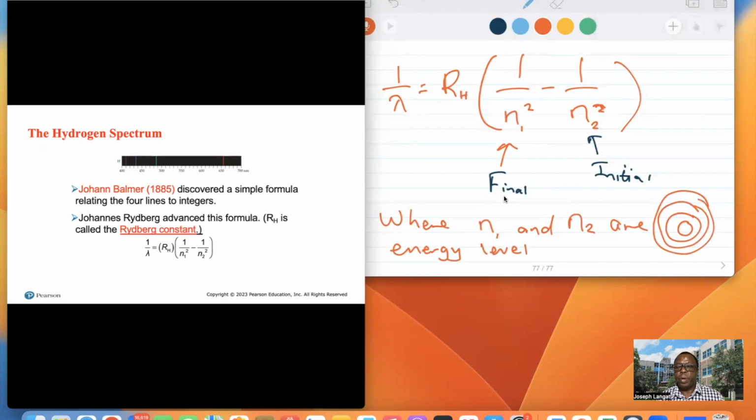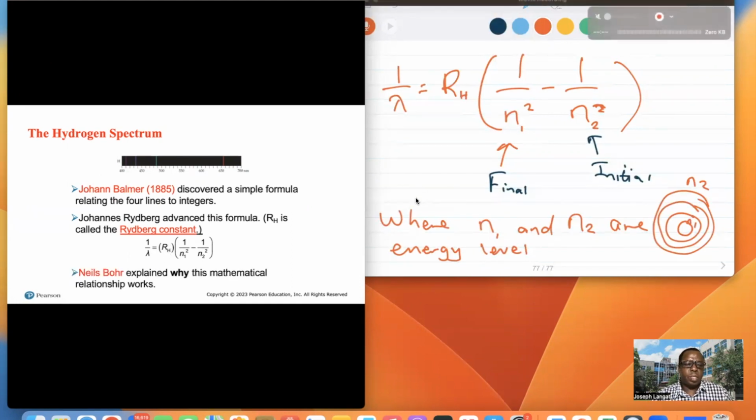So if an electron absorbs light in a hydrogen atom to a higher energy level, maybe this is N2 and this is N1, we can calculate the wavelength of that light. We can calculate the wavelength and it fits the lines you see here with respect to red, with respect to green, and so forth.